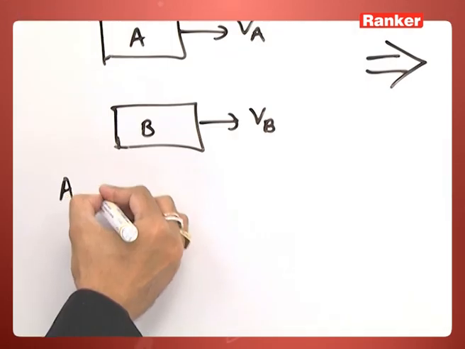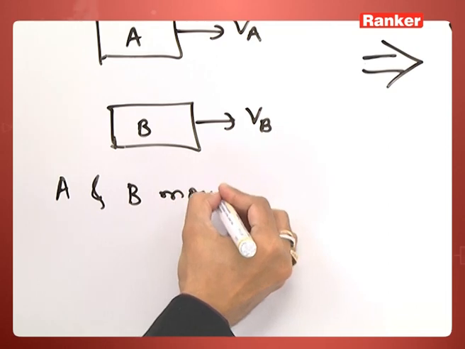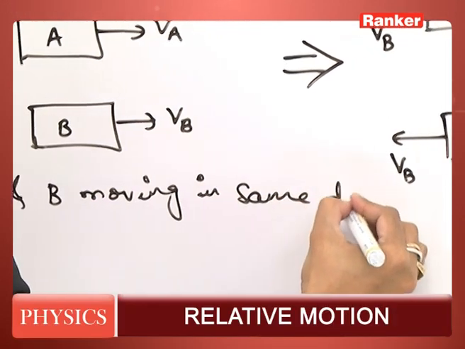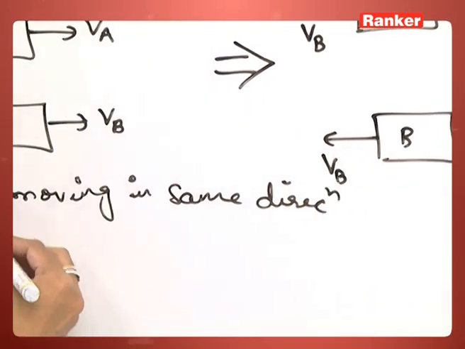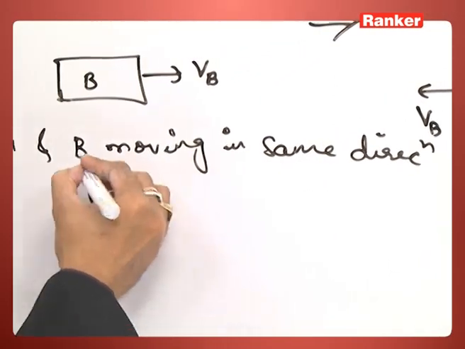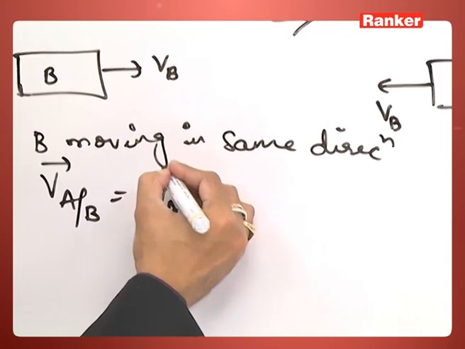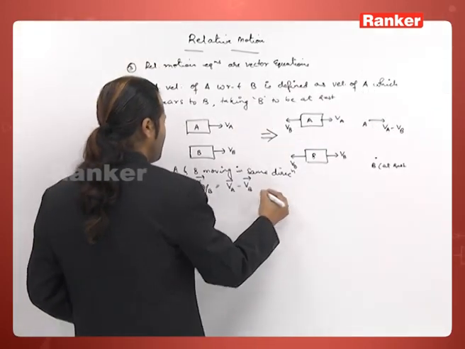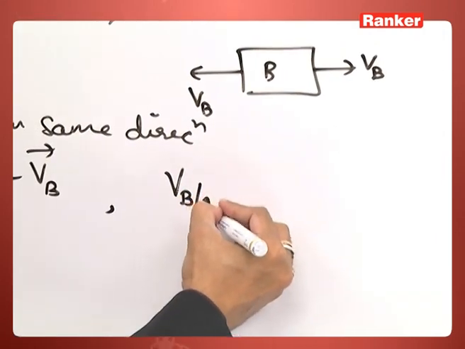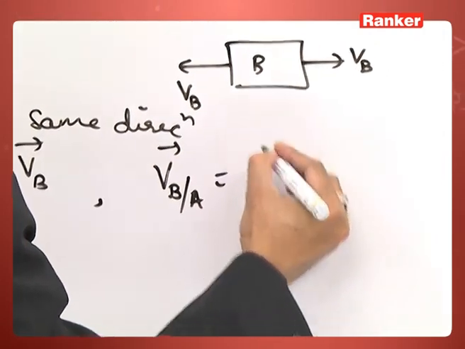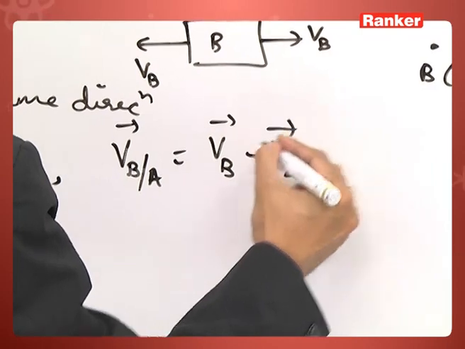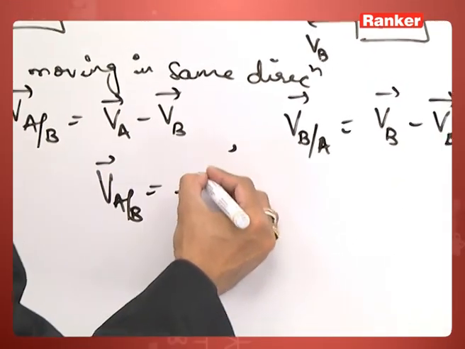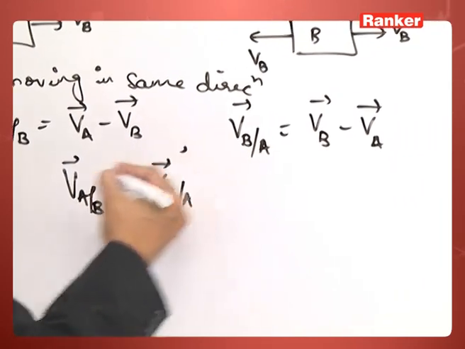So A and B are moving in the same direction, and VA with respect to B is VA minus VB. All are vectors. Similarly, VB with respect to A is VB minus VA. So I can write VA with respect to B is minus VB with respect to A.